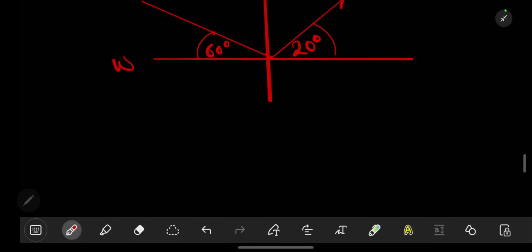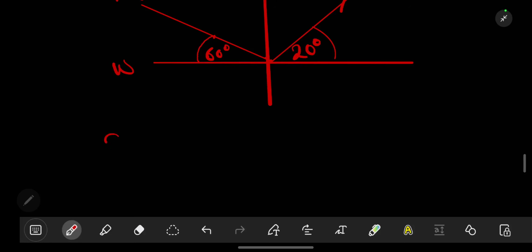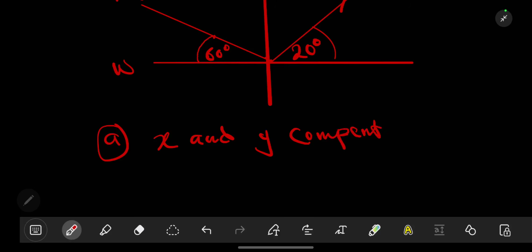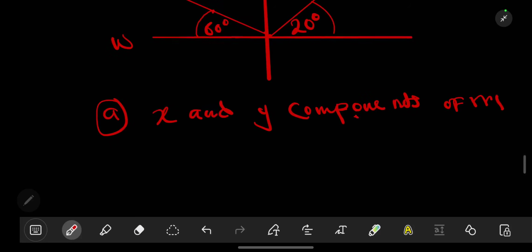So m1, for question A, x and y components of m1.